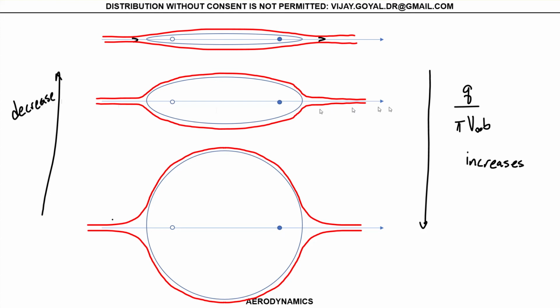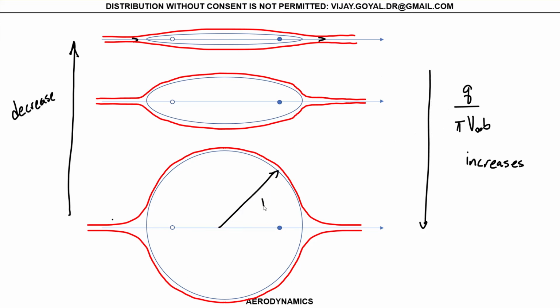And this direction, we are increasing. As I'm decreasing this value, you can see it becomes basically like a flat panel, right? That's what it becomes. It becomes flat. But as I start increasing it, I keep increasing it until it actually becomes a perfect circle. Okay, this is a circle of radius r. It's a perfect circle.